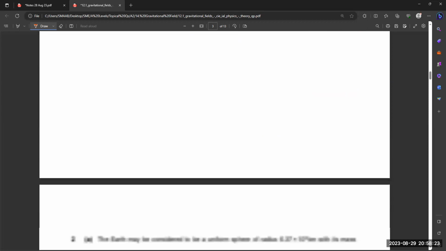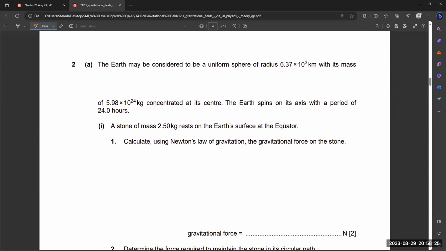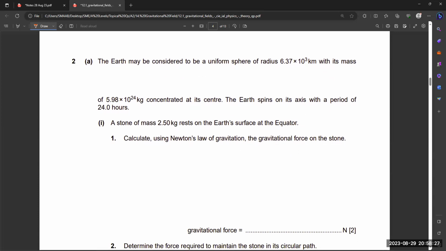Yes. So you can see the questions are not very difficult because mostly they are related to the calculation part. The second one is: the earth may be considered to be a uniform sphere and the radius of the earth is given, and mass is also given, concentrated at the center. The earth spins on its axis with a period of 24 hours.